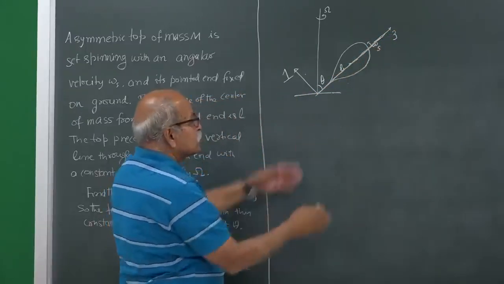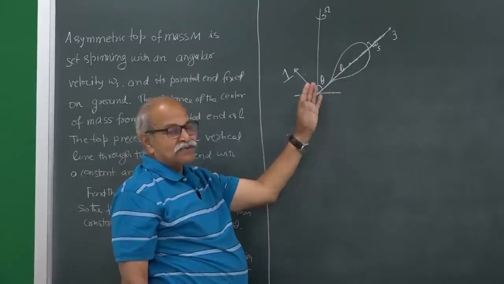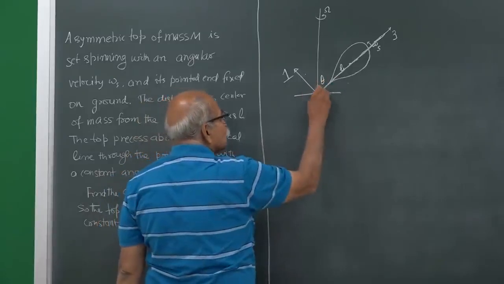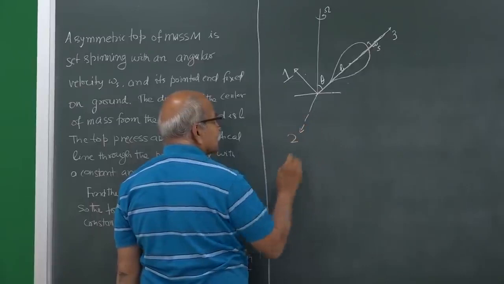When it precesses, it goes somewhere else behind the board, and this comes out of the board, and perpendicular to these two will be our 2 axis.